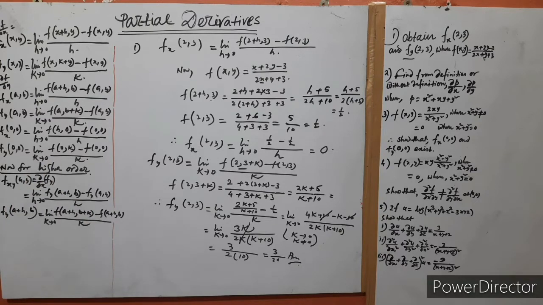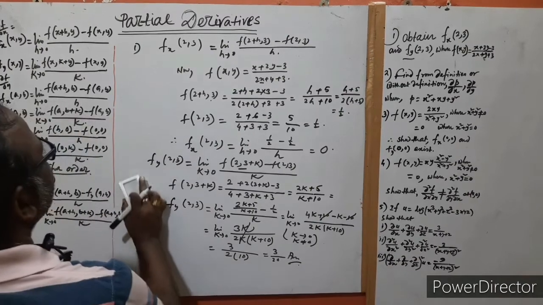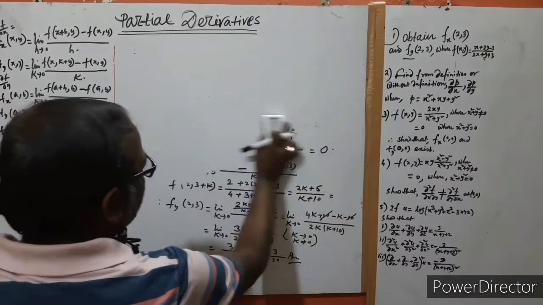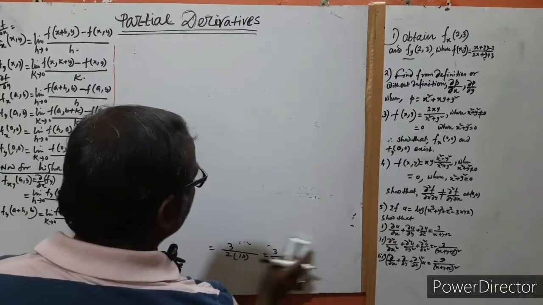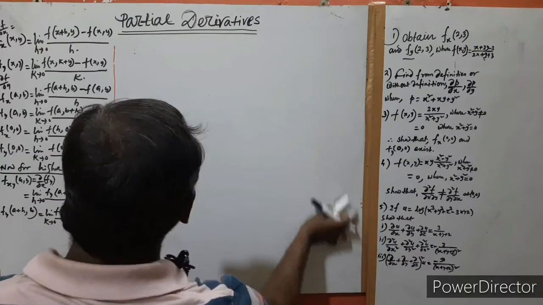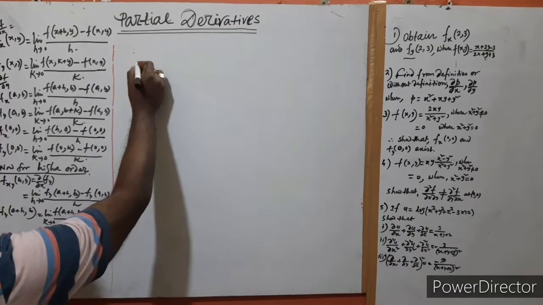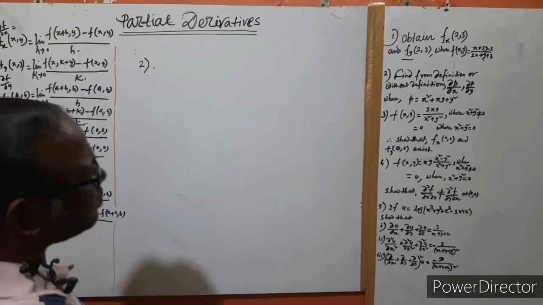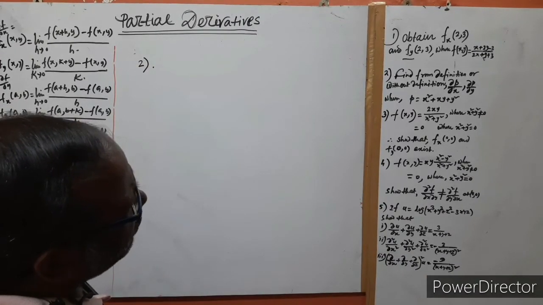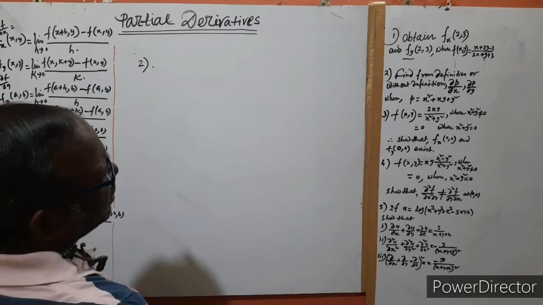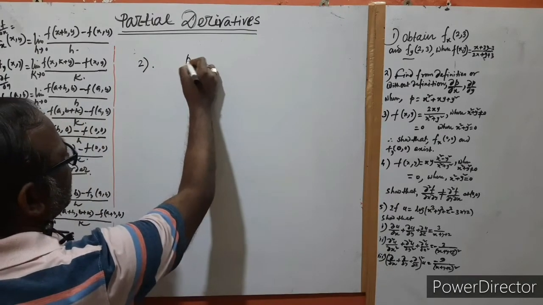Now we proceed to the second question. Find the partial derivatives from definition and without definition. We follow the without-definition method first.